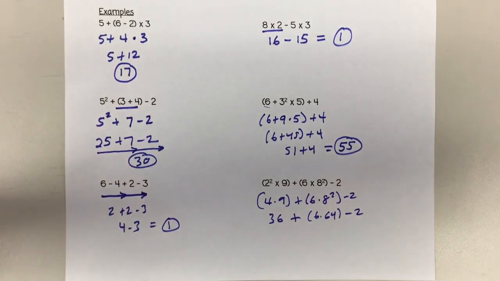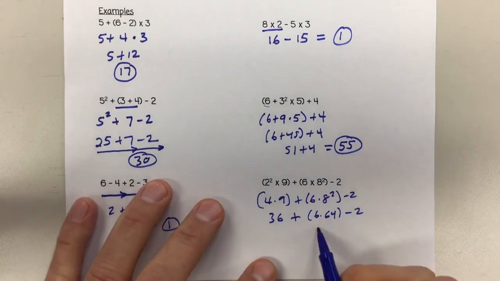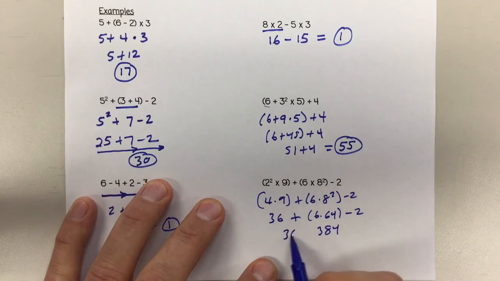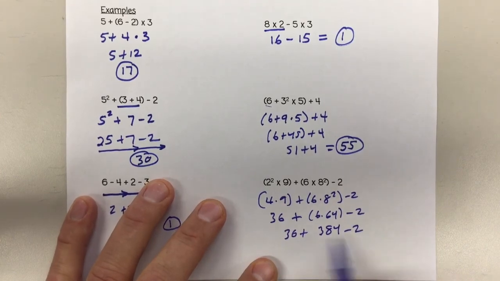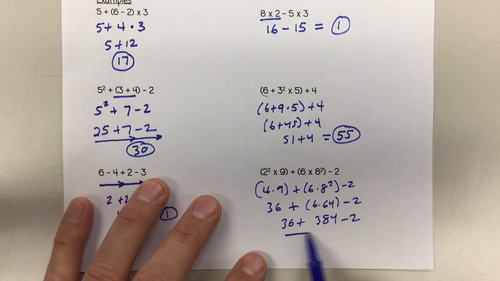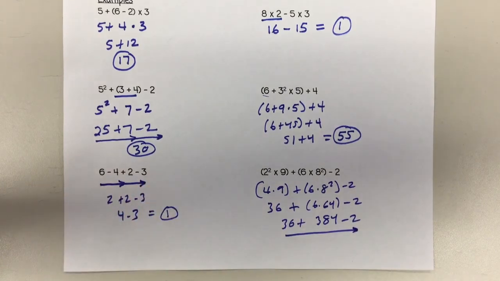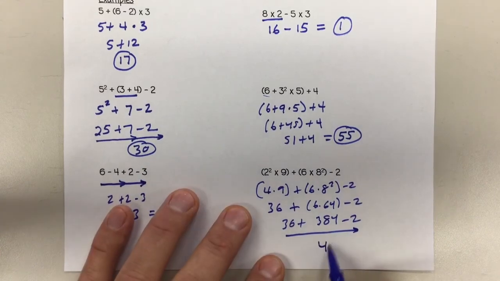And now I have to do 6 times 64, and you may need a calculator for some of these. That's 384. And now I have addition and subtraction left, so I'm just going to do those left to right. I can do those on a calculator. So 36 plus 384, and then subtract 2 is 418.